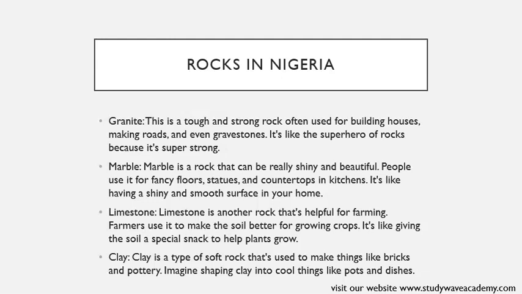Then we looked at rocks in Nigeria. We mentioned the rocks in Nigeria, right? Good. So we understood today's lesson on rocks, the different types of rocks, the uses of rocks, right?